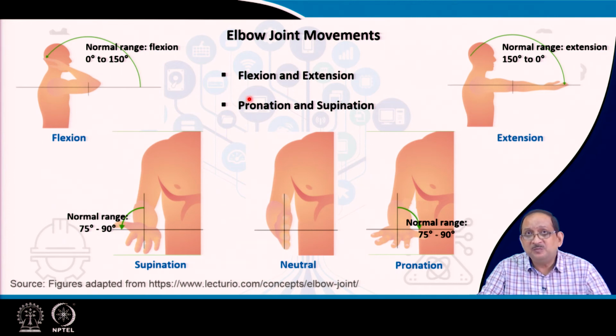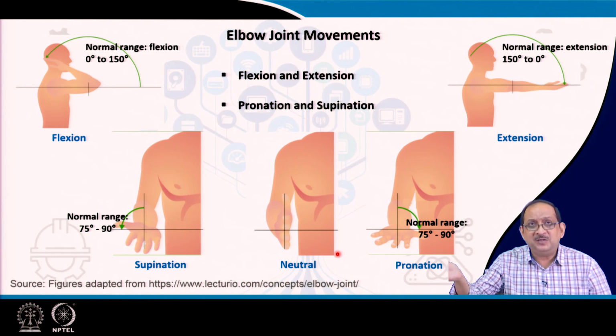We have some specialized movement of the elbow joint in the form of rotation of the arm. So, either it is supination or pronation. If we consider the arm as the neutral position, opening the palm is supination.